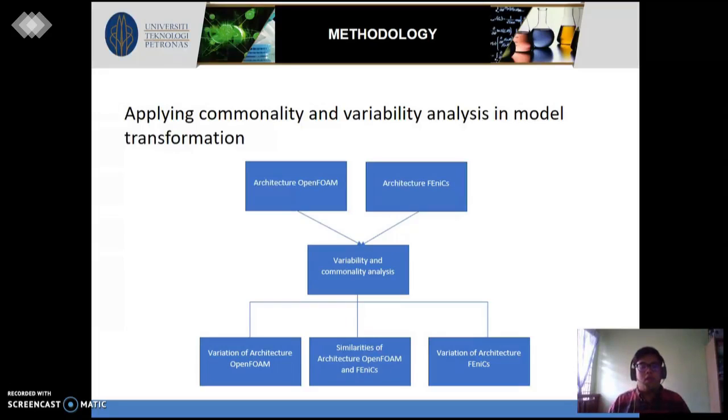From this we can identify the variations of the Aform architecture, the similarities between the Aform and Phoenix architectures, and the variations of the Phoenix architecture. The result of this analysis will help us to develop a model transformation that will have the modifiability attribute. This will cope with the different types of simulation software that we have.